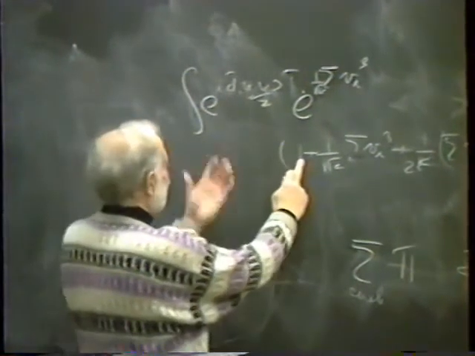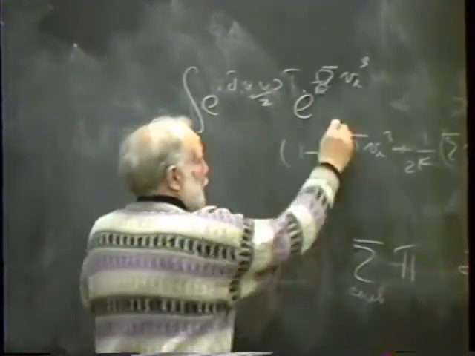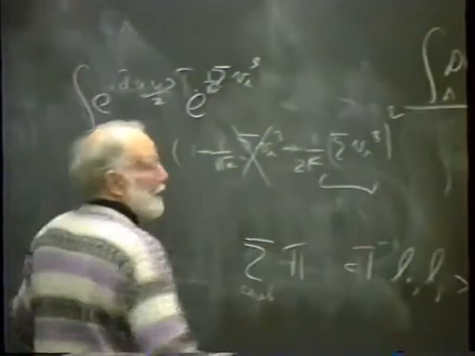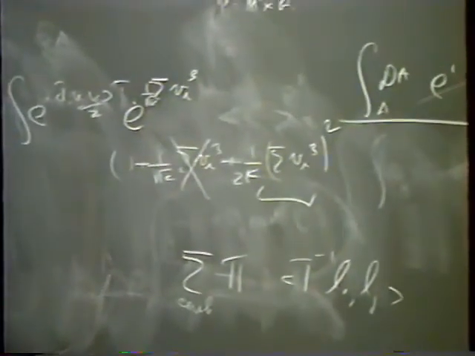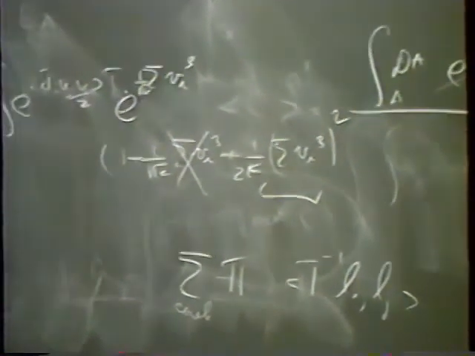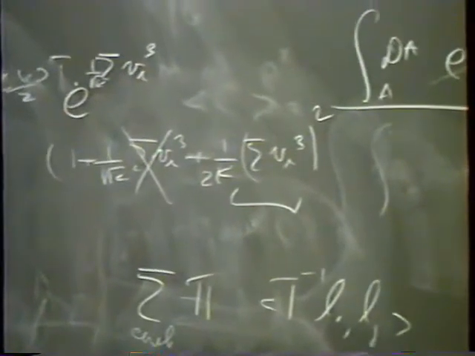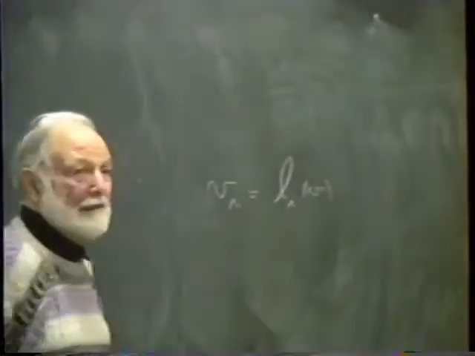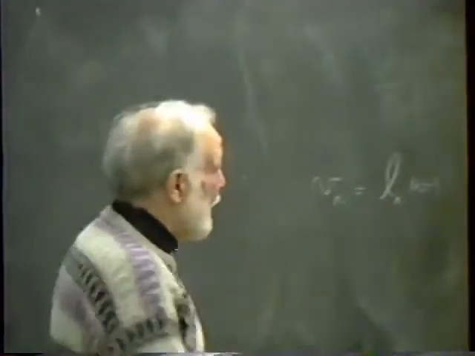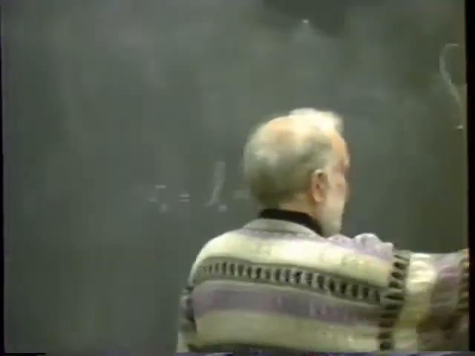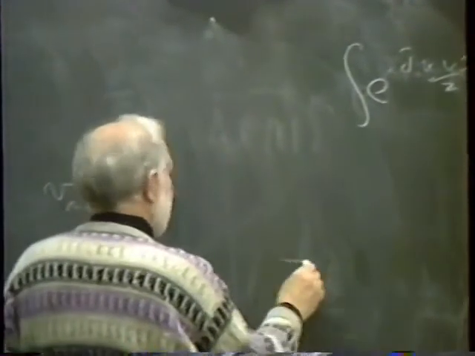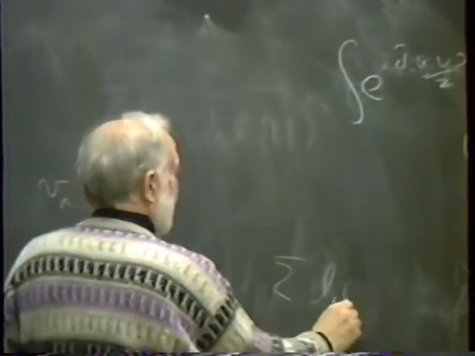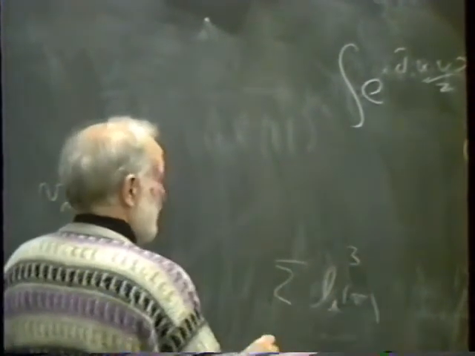This one is like our old integral. So the first term that enters is this. And I want to write v_i as the linear function L_i, the dual basis, applied to v. So what I'm getting here in terms of this product is the summation of L_i of v cubed, squared.